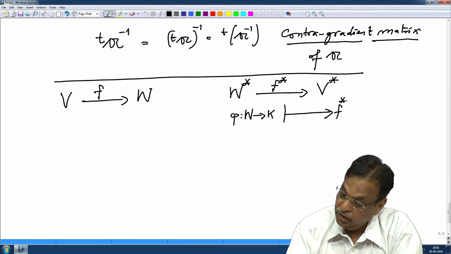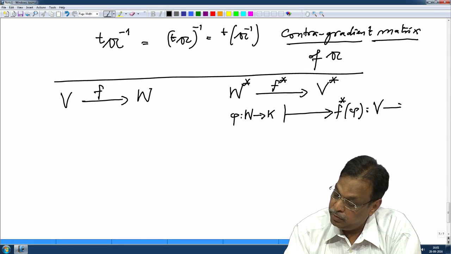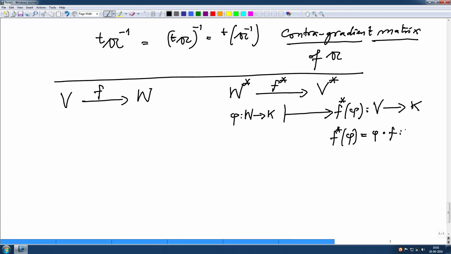So F star of phi should be a linear form on V, that is a map from V to K. And which map? F star of phi is F composed with phi. It makes sense: first you follow V to W, that is F, and then W to K by phi. So this is the definition of the star map. This is called the dual map of F, denoted by F star.